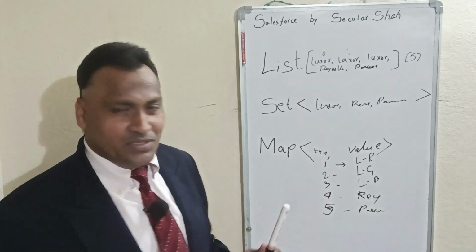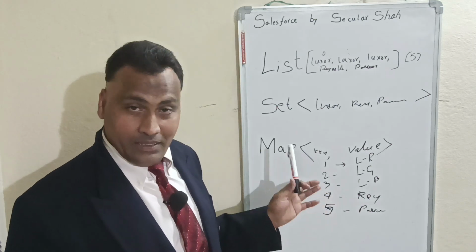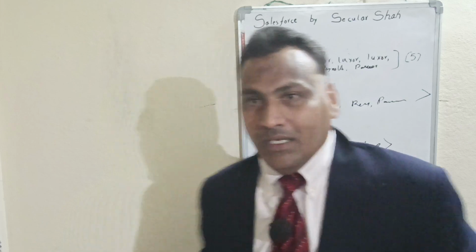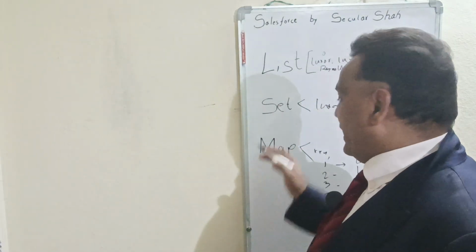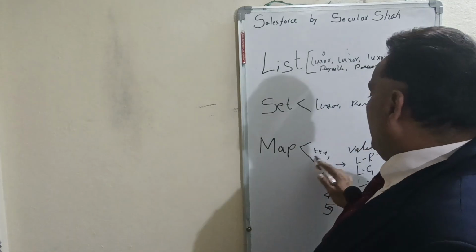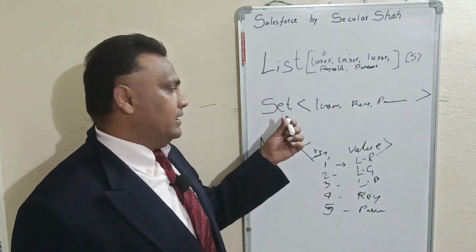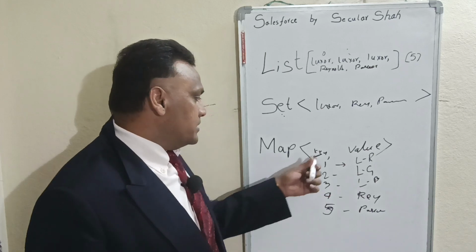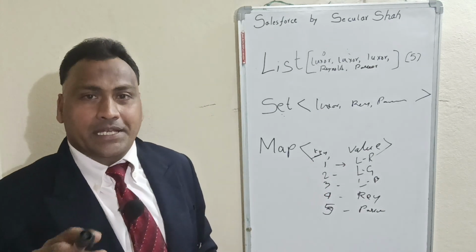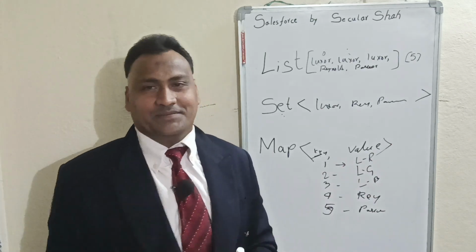Coming to the map, generally we use a Salesforce object map in Salesforce. In other languages, you don't have that map, you have just key value. And in the key, again as in the set we discussed, we store IDs. Here also in the key part we will store the record ID, and in the value part we store the record.